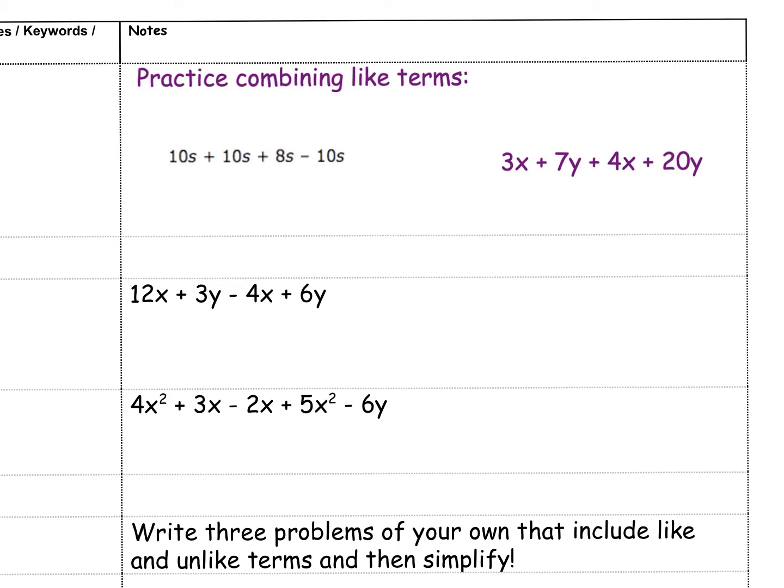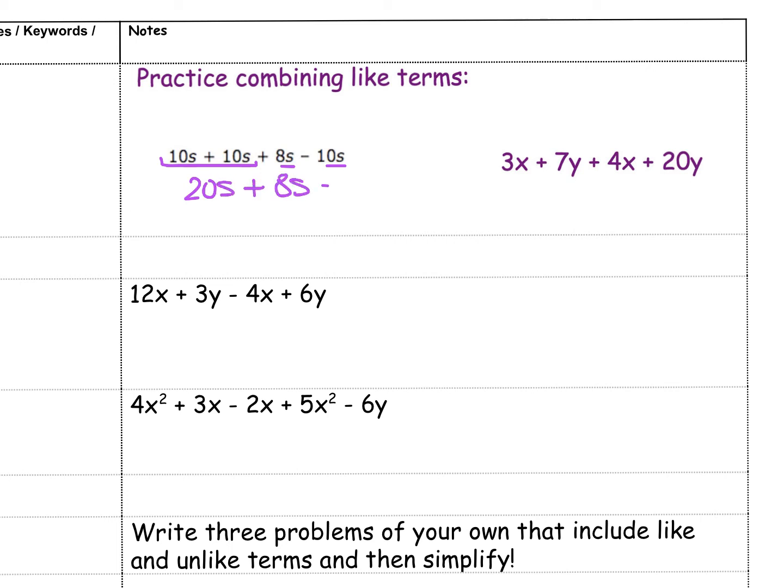So we have some examples where we need to put our like terms together. If I look at this first example, 10s plus 10s plus 8s minus 10s. Notice they all have the exact same variable, so I need to put them all together. So I only do 2 at a time. 10s plus 10s, that's 20 s's because I added 10 and 10.